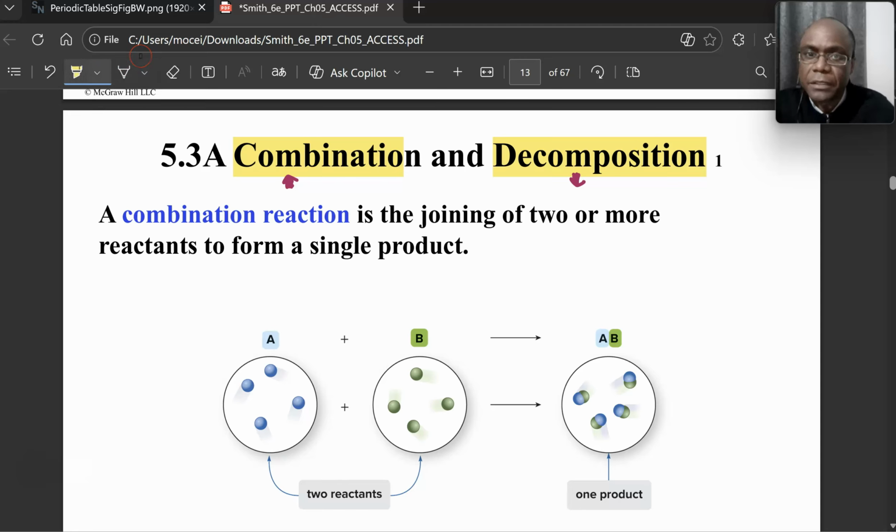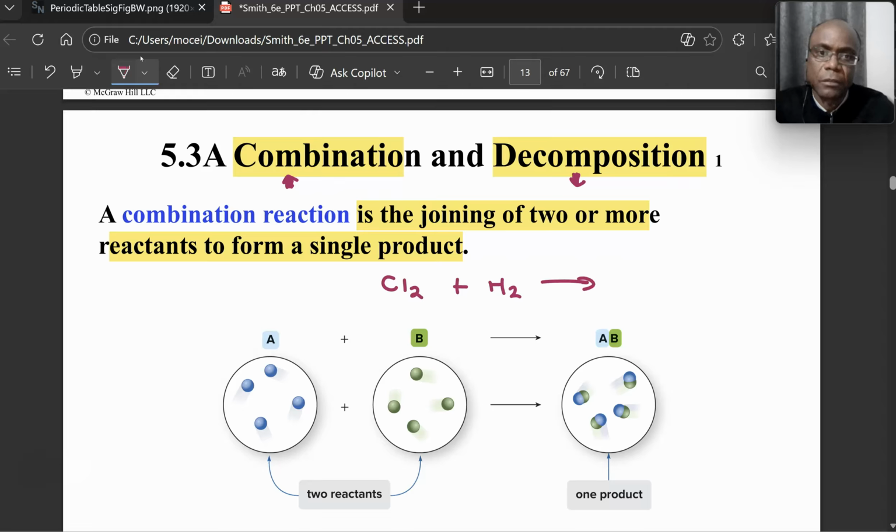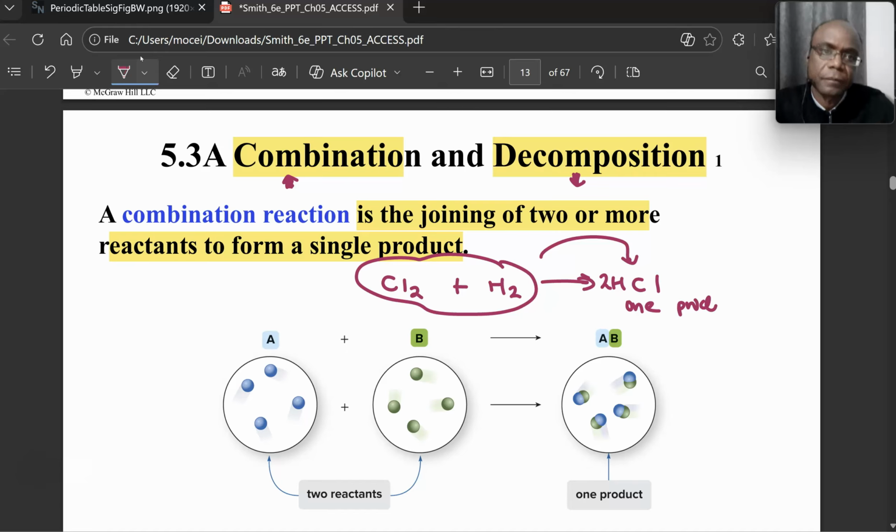So in combination reaction, you are joining two or more reactants to form one product. An example I can give you is HCl formation from chlorine gas and hydrogen gas. We are combining these two to give us one product.